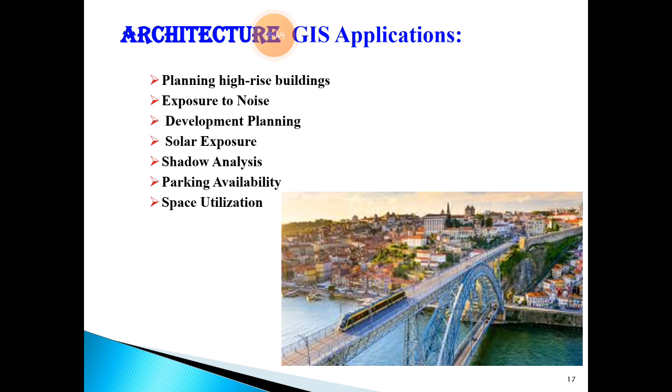Next, GIS finds its application in the field of architecture. This GIS application in architecture involves planning of high-rise buildings, study of impact of noise on urban life, then smart development planning of urban areas, construction of buildings to install and harvest alternative forms of energy like solar power using solar panels, then shadow analysis onto the surrounding areas by buildings, then parking availability and designing of space in the urban areas.